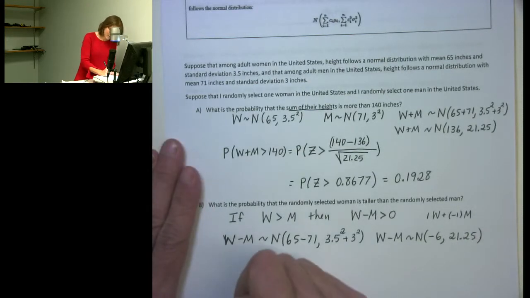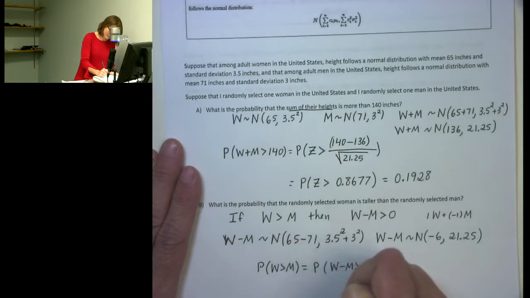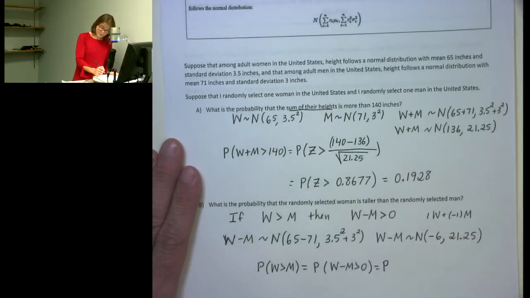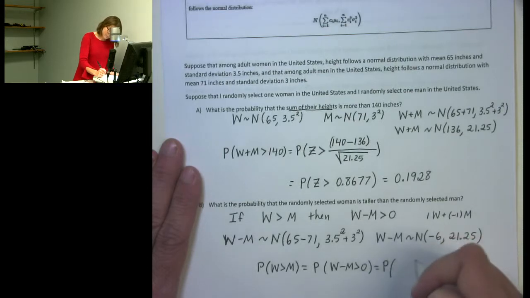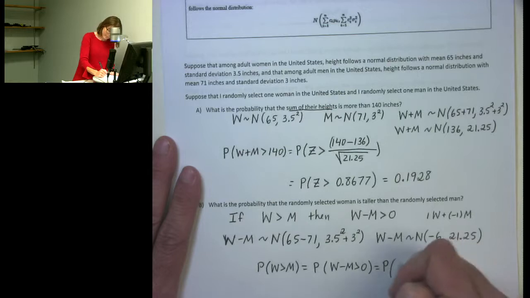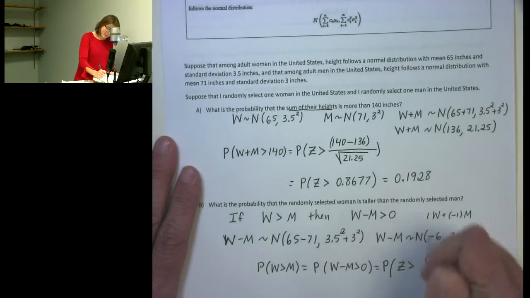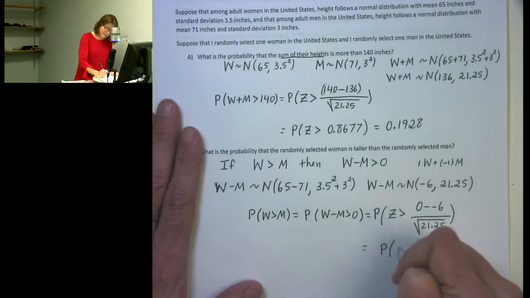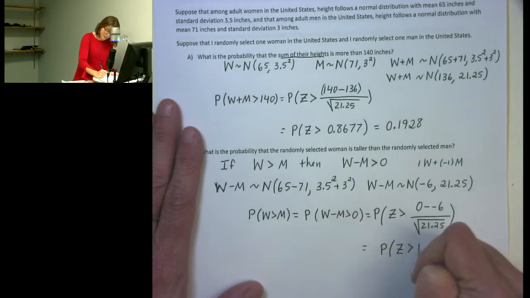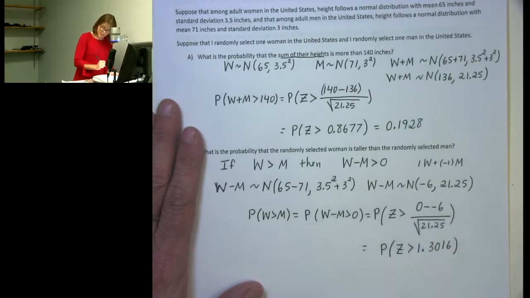So now at this point I can use this to find the probability that the woman's height is greater than the man's height, which is the probability that the difference in their heights is greater than 0, which is the probability that a standard normal is going to be greater than 0 minus the mean of this distribution of the difference, minus negative 6, divided by the standard deviation, which is the square root of this variance, which is the probability that my standard normal random variable is greater than 1.3016, which gives me 0.0965.